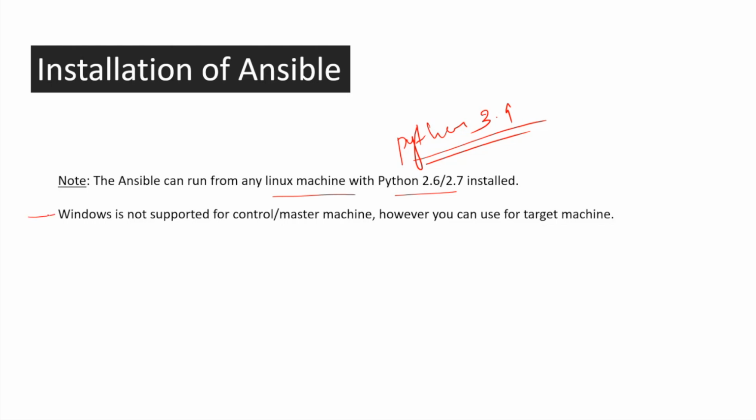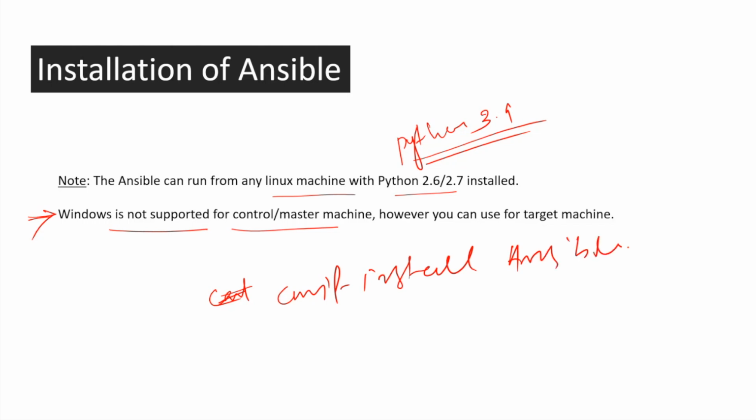Another thing: Windows is not supported for control or master machines. However, you can use it for the target machines. It means you cannot install Ansible on a Windows machine.